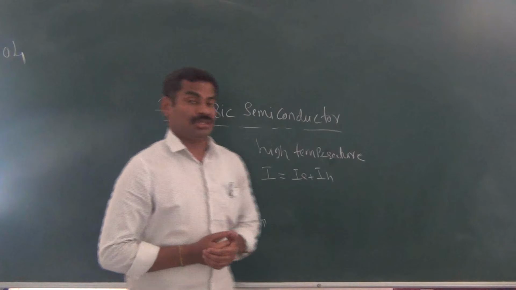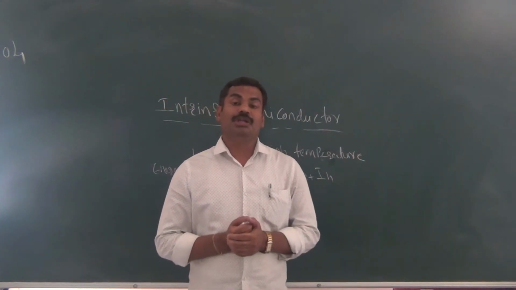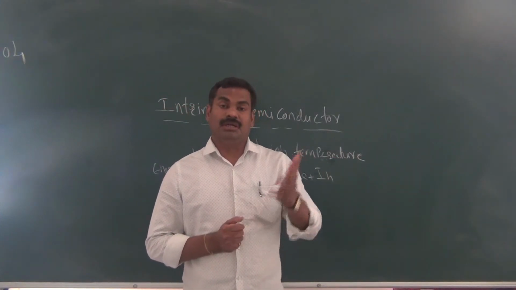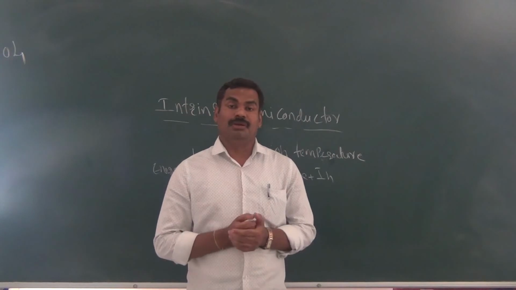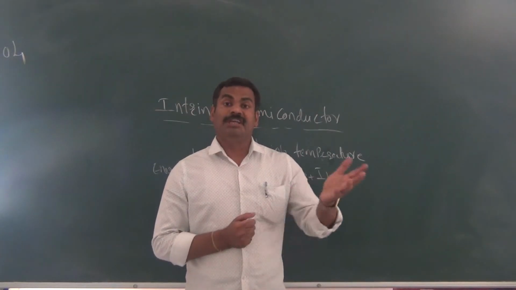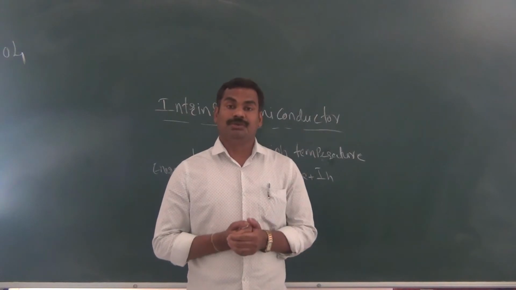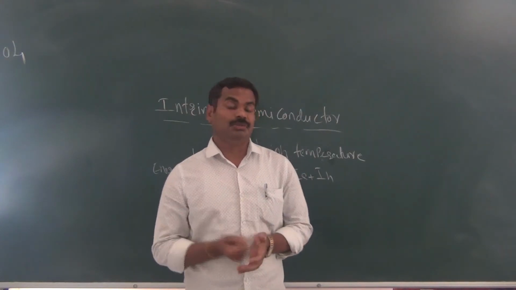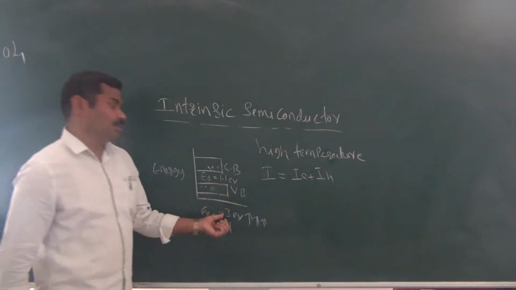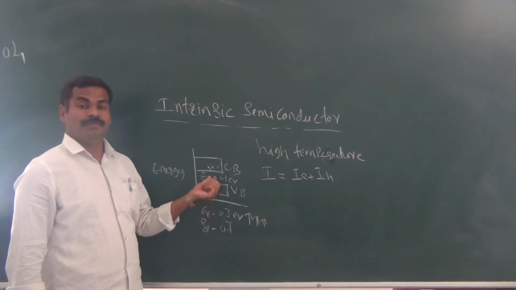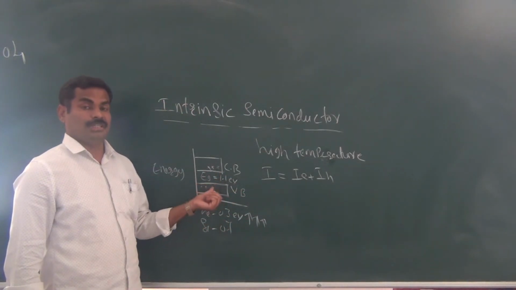And yesterday, in the last class, I said how to remember the moving of holes. It is very simple, similar to playing Kho-Kho. Playing Kho-Kho is a very good example for understanding the hole current. And this is about the importance of how the current conduction actually happens in your semiconductor.